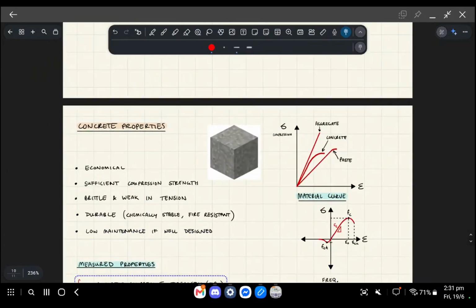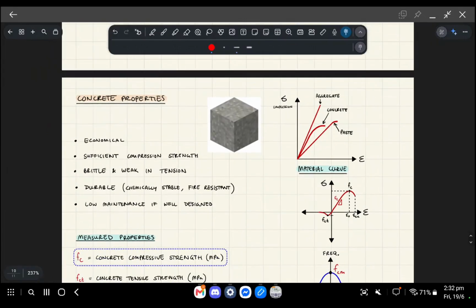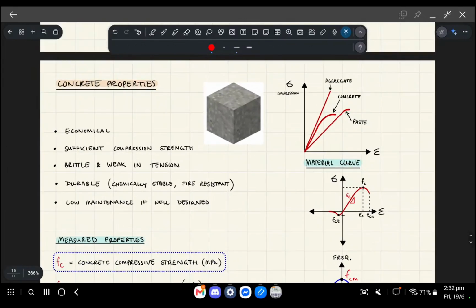Okay, one last thing before we wrap up today. Now we can finally start talking about structural properties rather than these bloody chemicals. So why do we use concrete? There are many reasons, but the best reason is that it's very economical. We use a large volume of concrete, but per cubic meter it's a lot cheaper than something like steel.